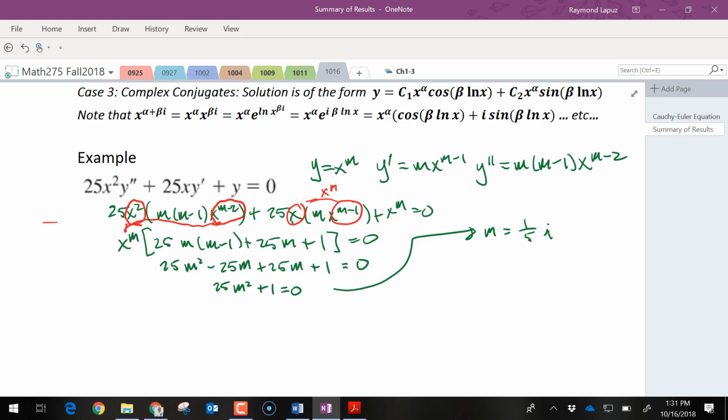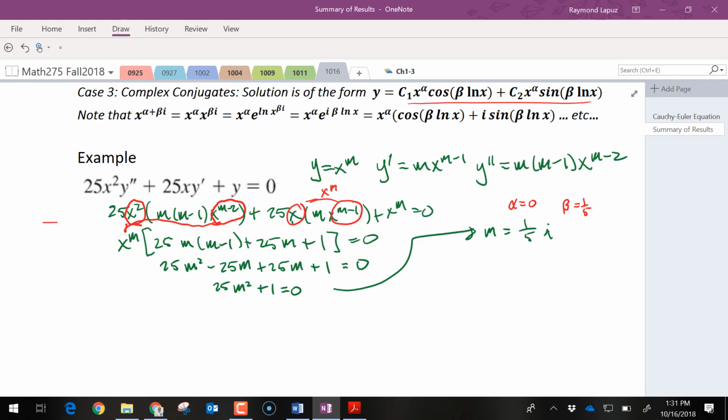So I have my solution m, which is a purely imaginary solution, because there's no real part, there's no alpha. And according to the formula, if we had an alpha plus beta i, then your solution would look like x to the alpha times cosine beta ln x. But we don't have an alpha.